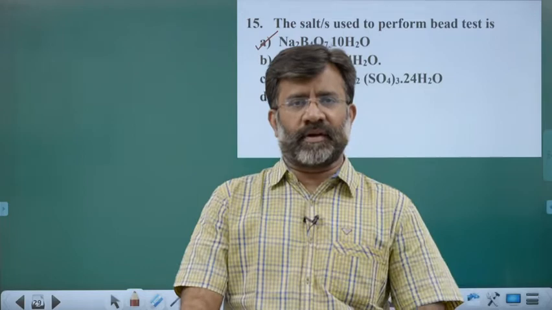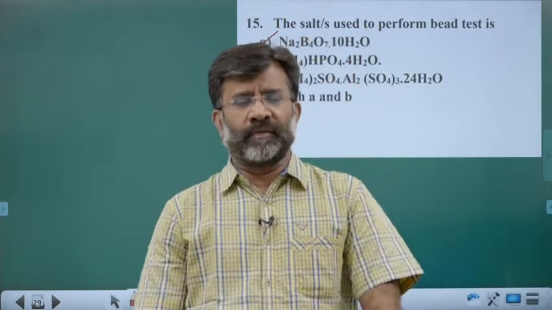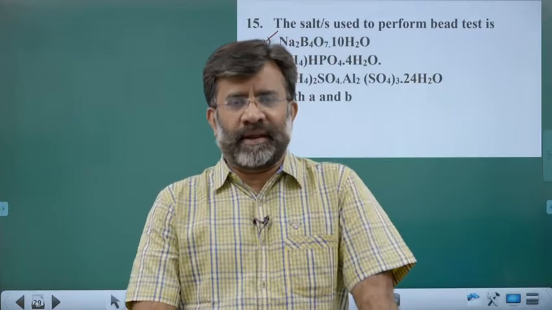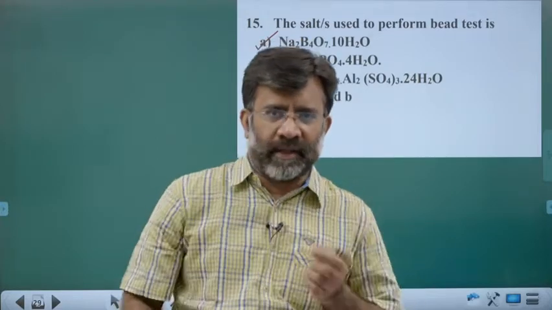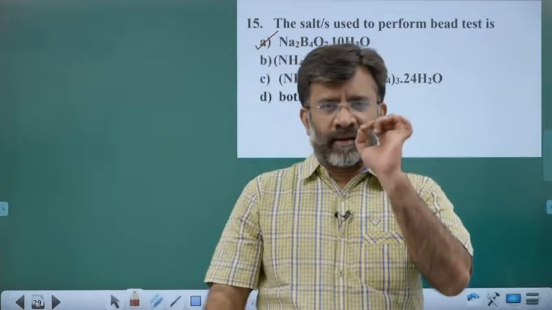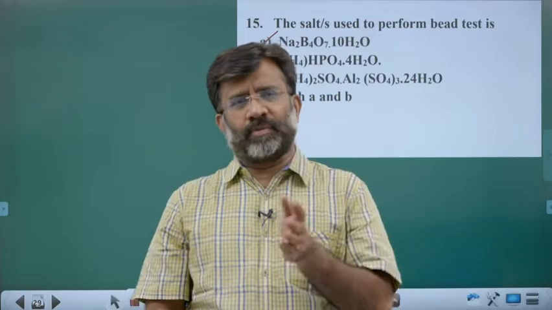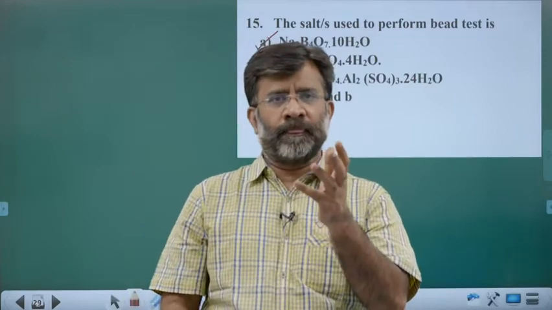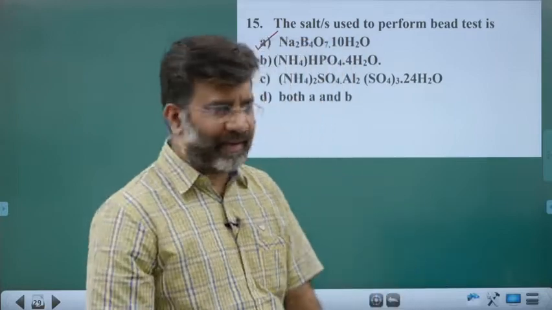Ultimately it is converted to a transparent bead-like form, which can be used for testing transition metals and their compounds. When a small quantity is placed on it and heated again, you get a beautiful colored bead, and the color obtained will be according to the characteristic of the transition metal. Okay.